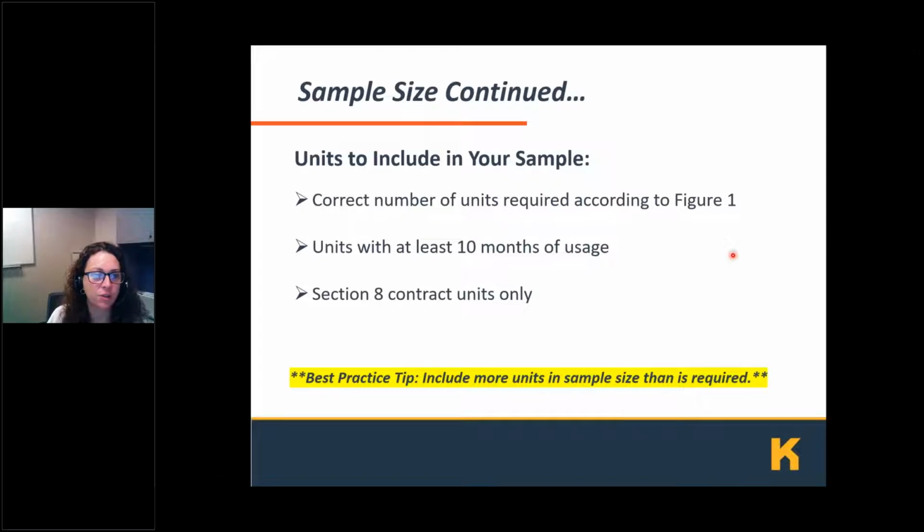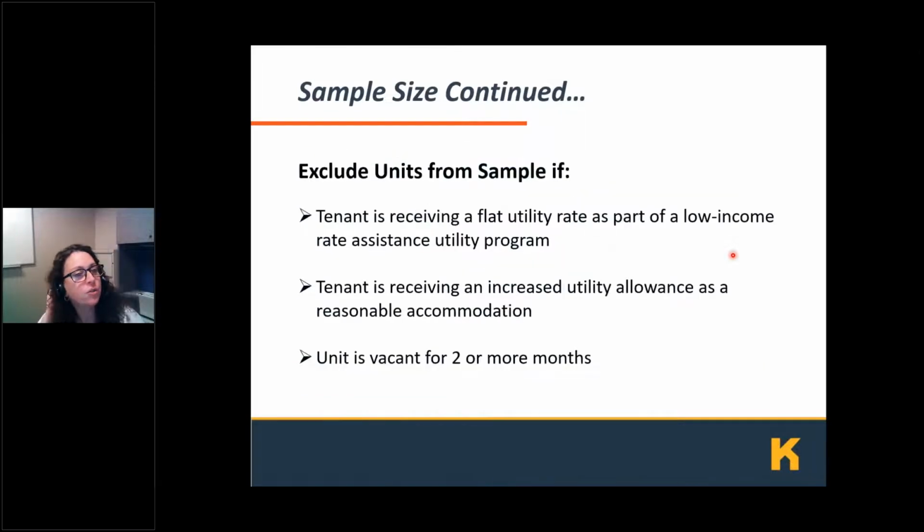Okay, we've discussed units to include, so let's move on to some units that you do not want to include in this sample. If a tenant is receiving a flat utility rate as part of a low income rate assistance utility, you cannot include that in the sample. If your tenant is receiving an increased allowance as a reasonable accommodation, you cannot include that in your sample.